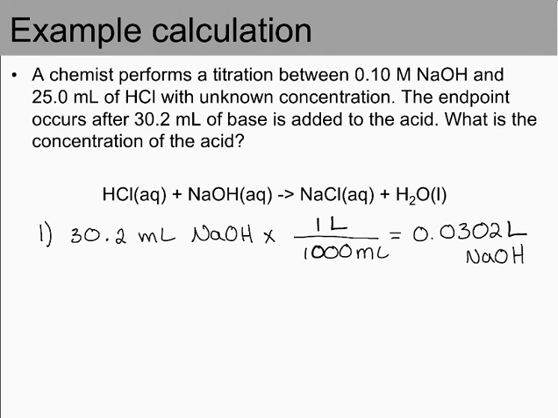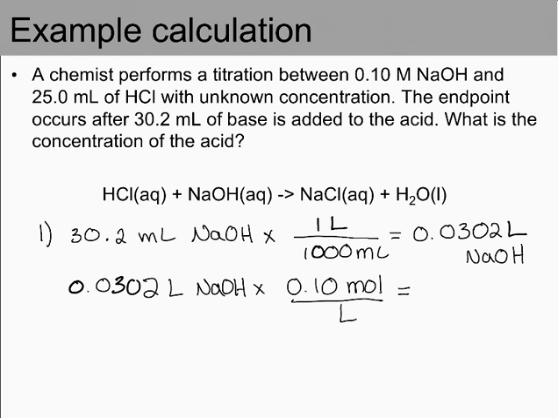So now we can use that volume and our concentration of NaOH, which was 0.1 moles per liter, to tell us how many moles of sodium hydroxide or base we added to the acid to reach the end point.